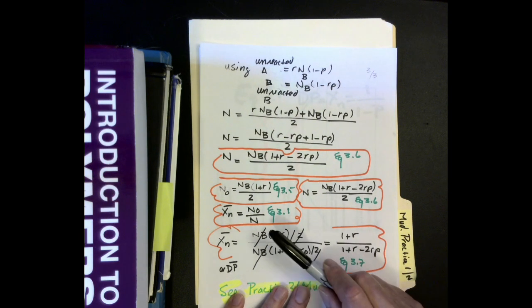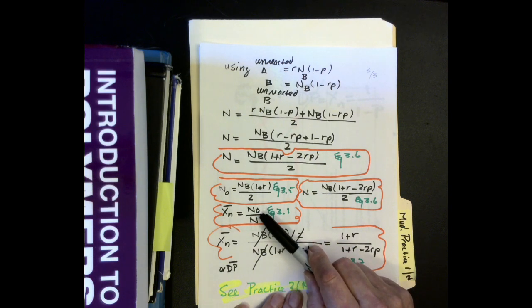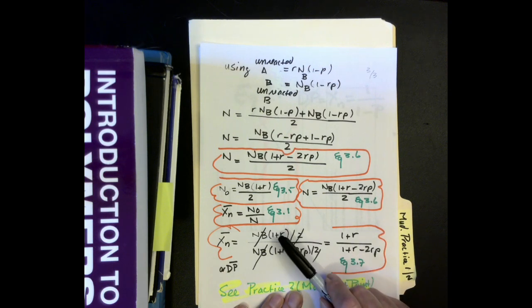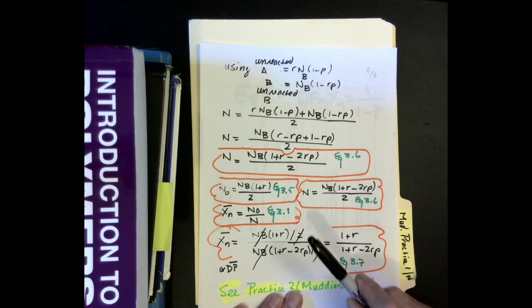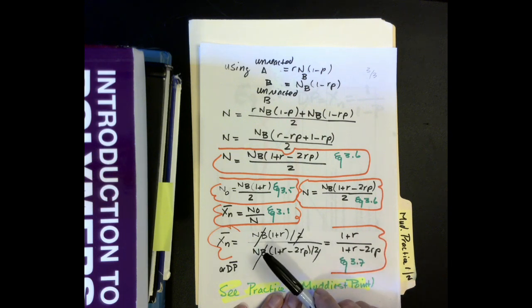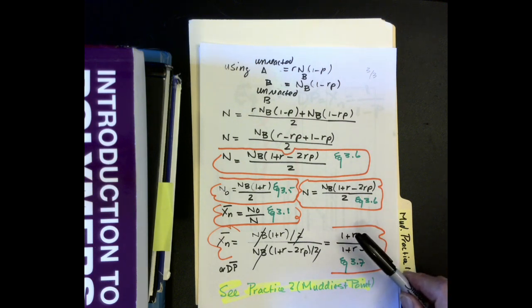So DP hat, or Xn hat, would be Nb (1 plus r) divided by 2, over Nb (1 plus r minus 2rp) divided by 2. Now 2 and 2 cancel, Nb and Nb cancel. So the general equation for this step polymerization is 1 plus r over 1 plus r minus 2rp, which we call 3.7.